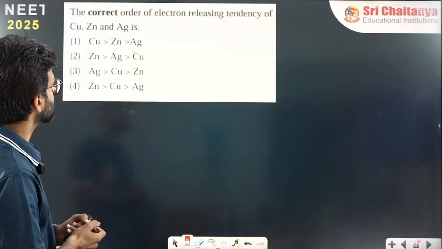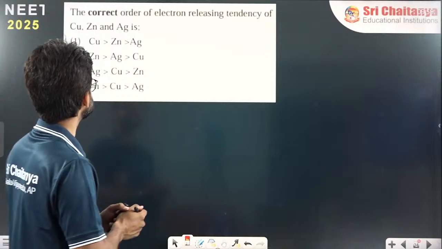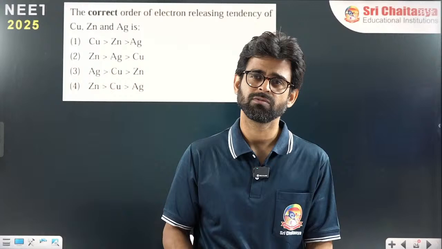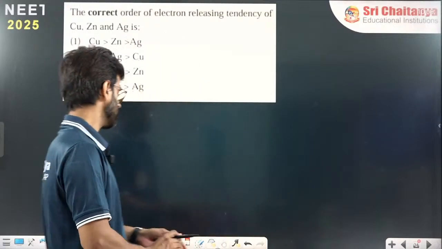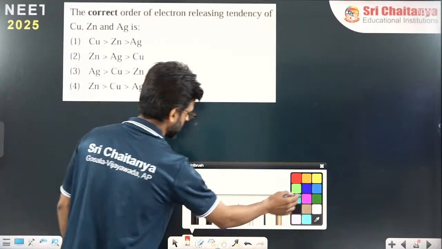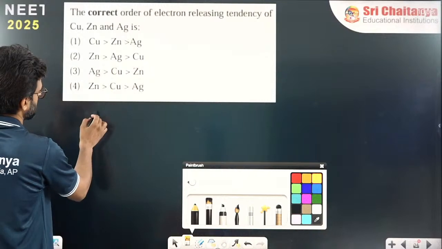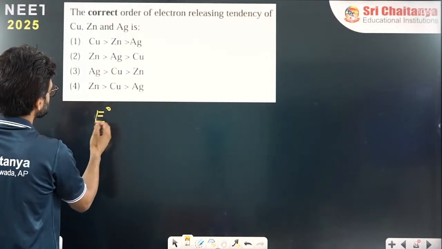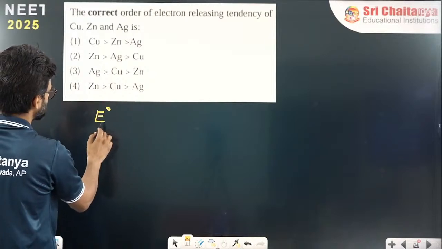The correct order of electron releasing tendency of the given elements. You can answer this question with the help of which one? You can say the electrochemical series, or if I give you the values here, you can easily see. It's a very common matter. Normally they give the values to us, but here they are very common elements.